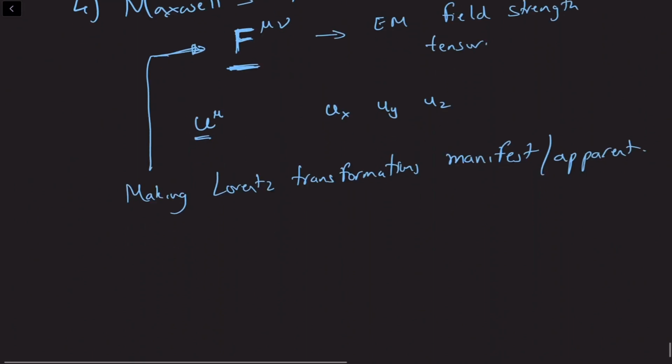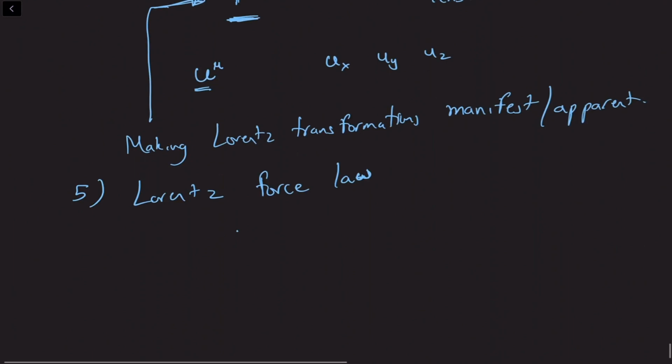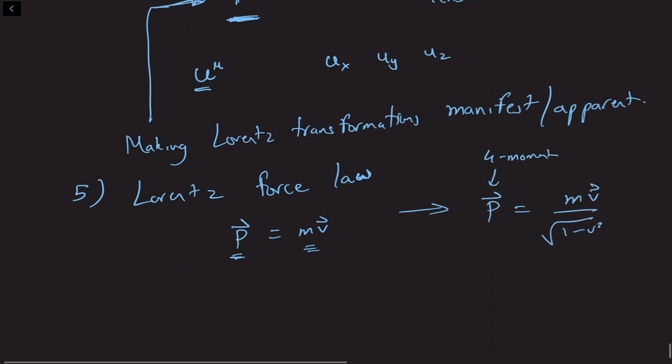Okay, and finally we saw the Lorentz force law is also compatible with the principle of special relativity, provided we switch from identification of 3-momentum to the 3 components of 4-momentum, which are these.